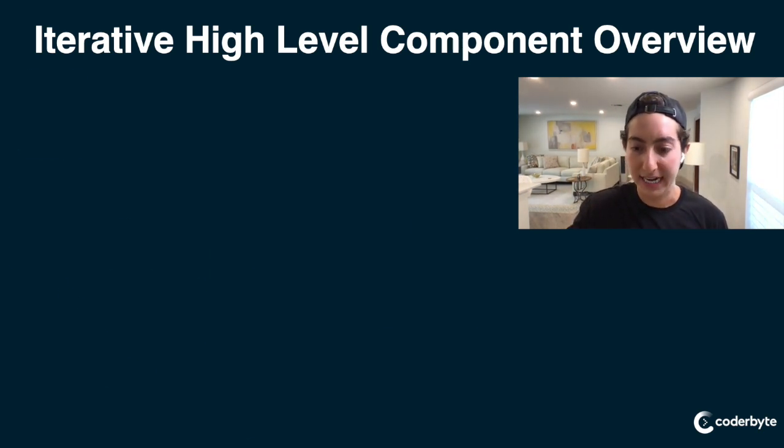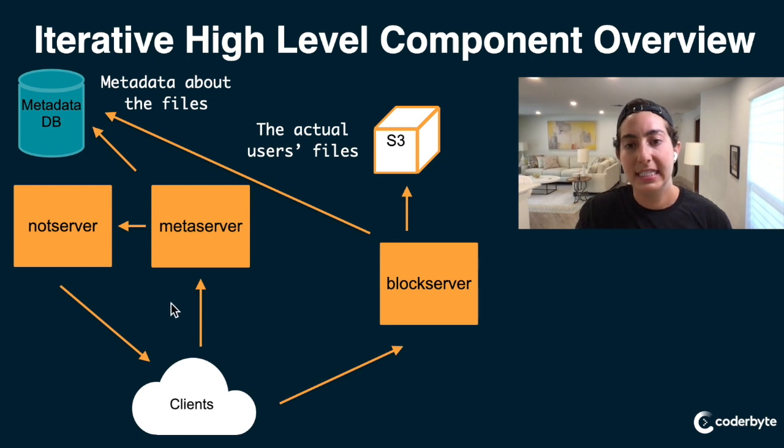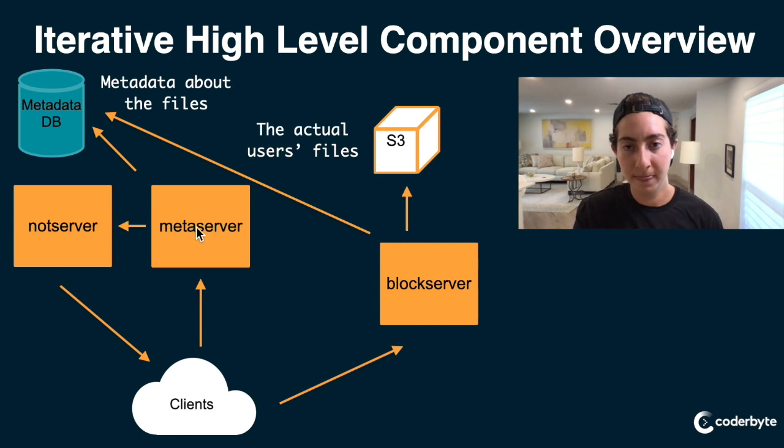So the way they split that up is that instead, you'll see, instead of any of these servers having 2 bidirectional arrows, they made it so that the clients are only ever talking to this meta server. And the meta server is the thing that gets the metadata about the files.